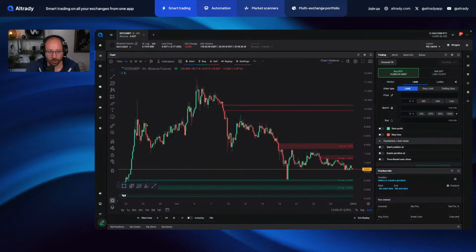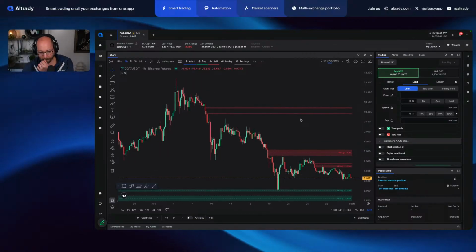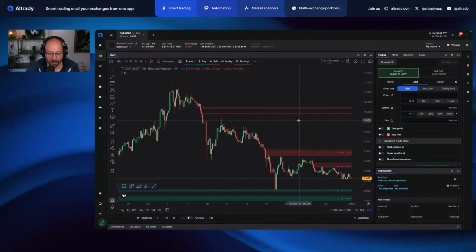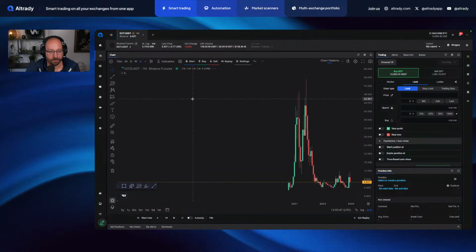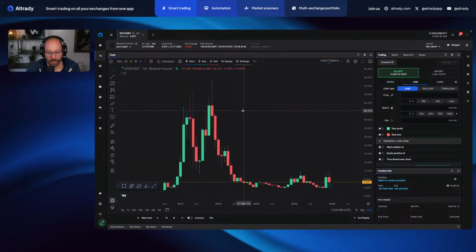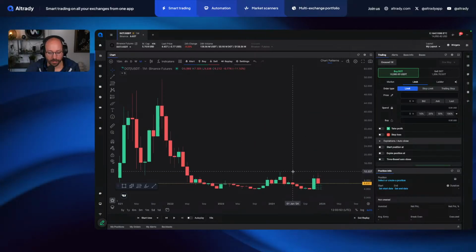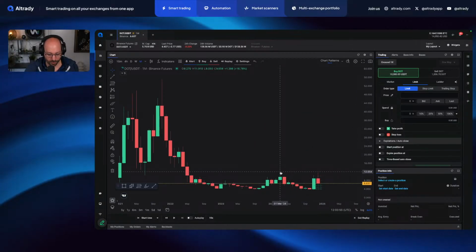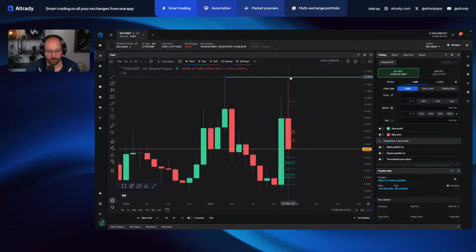Roman, I've got DOT loaded on the 4-hour chart. So let's start the analysis. The highest time frame. Okay, let's go to the monthly. I can see that liquidity was almost taken out, almost, but it didn't.